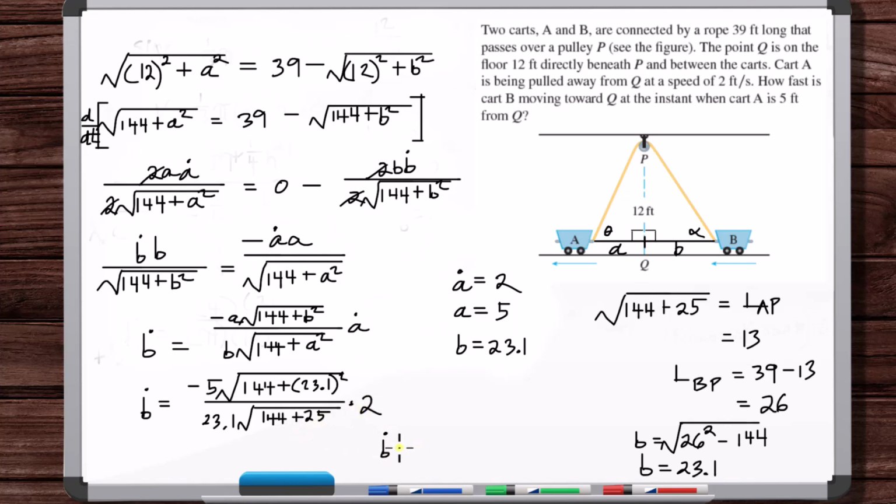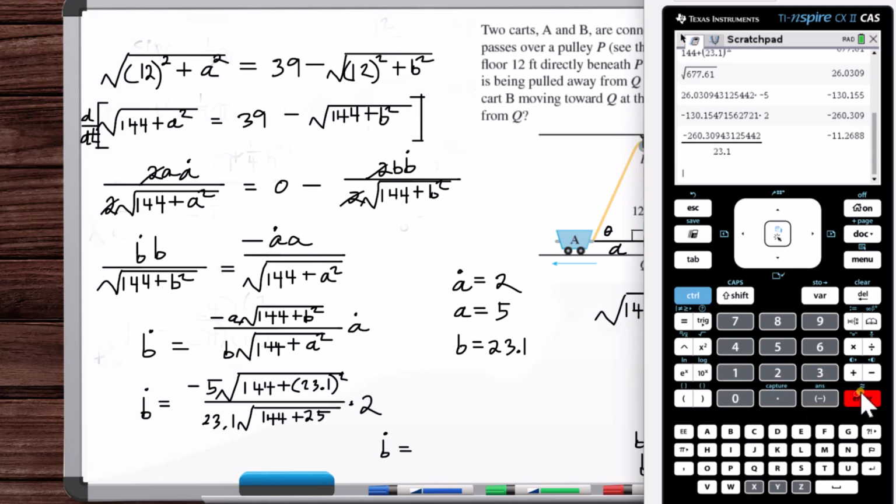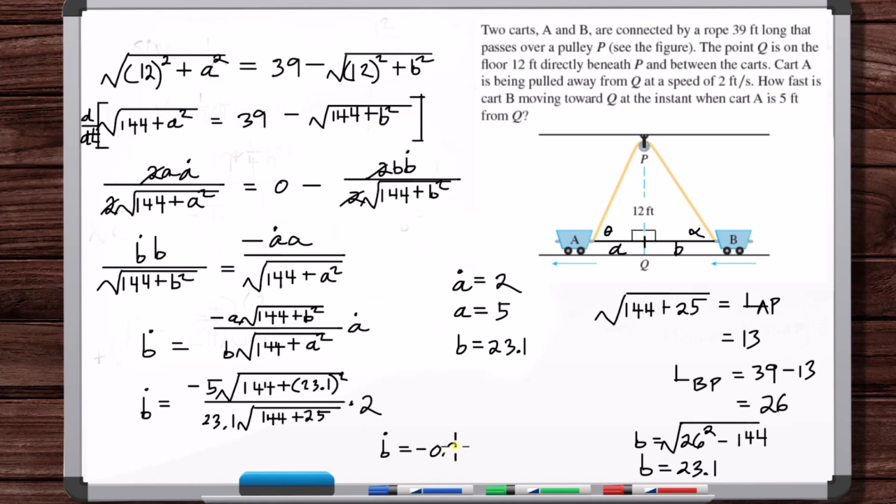So b dot is equal to plus 23.1 squared, second answer, times negative 5 times 2, divided by, negative 0.87, and that's going to be in feet per second.